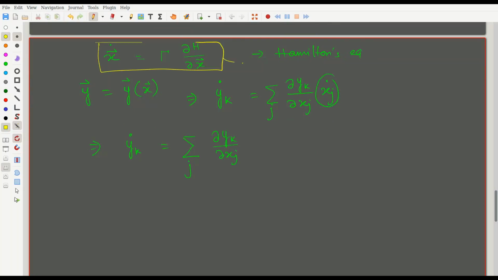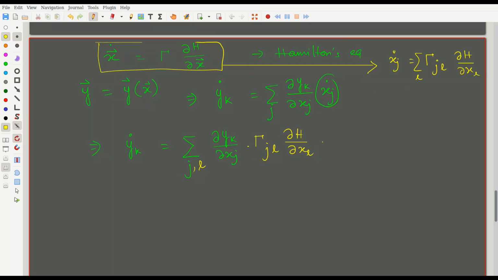That gives me xj dot equals gamma jl del h del xl, summation over l. So I can write this as summation over jl, xj dot is gamma jl del h del xl.